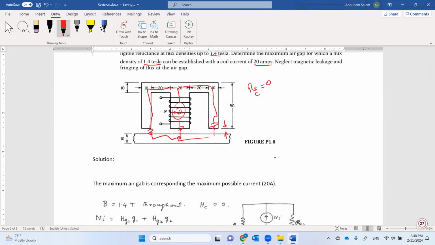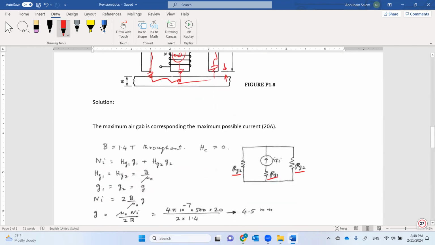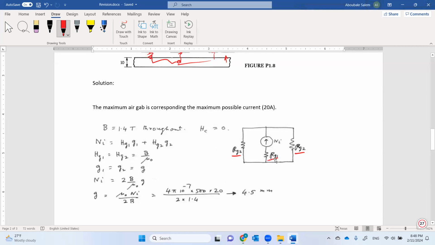What is required again? We need to calculate the length of this air gap, which will allow the current to be 20 ampere at 1.4 Tesla. So simply, guys, we can substitute now in our relations. You know that the relation Ni equals the summation of H times L. So if you take one of the loops, we can say Ni equals Hg1 times the length of the first air gap, G1, plus Hg2 times the length of air gap 2.